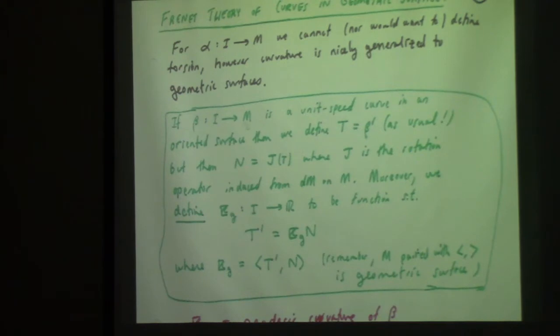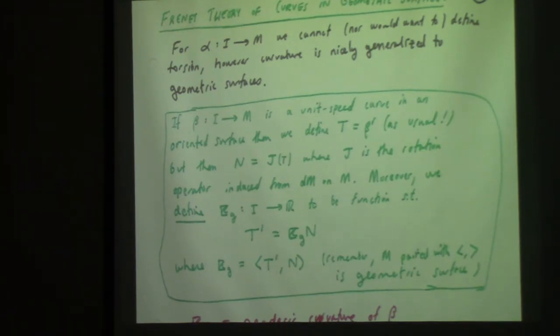Suppose we have a unit speed curve and an oriented surface. We define the tangent to be the derivative, the velocity field of the curve, just like usual. Well, I say as usual, but honestly, guys, is it really as usual?